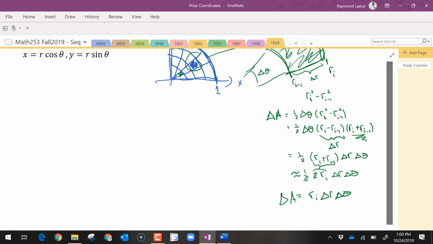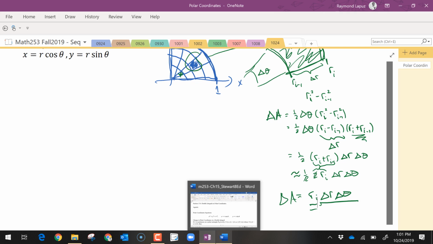So there's technically two variables that go off to infinity. Then we see this delta A, the area element that used to just be delta x delta y or dx dy, is now going to become not just delta r delta theta, but an extra r pops up. So that is our big story here in polar coordinates when we're doing our double integrals and changing to polar coordinates.